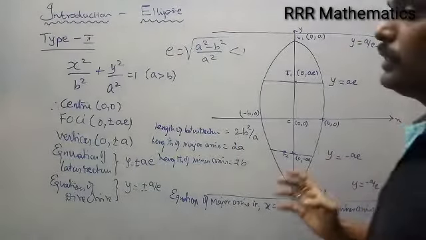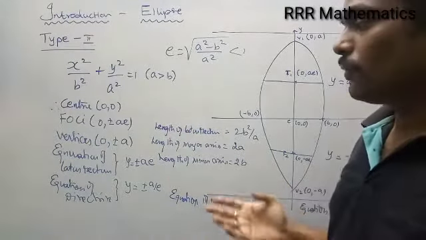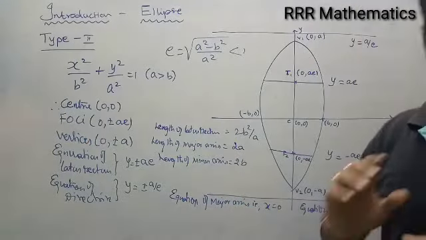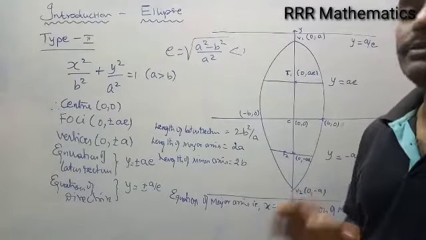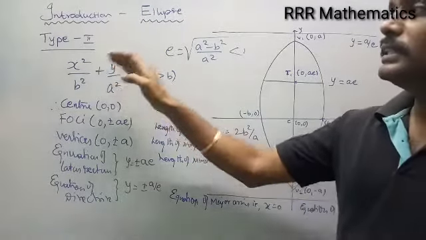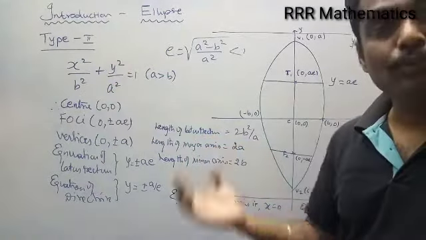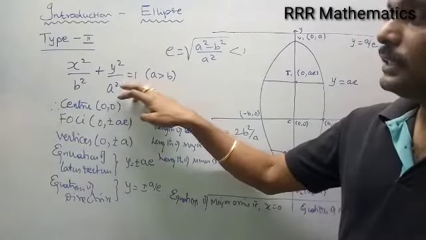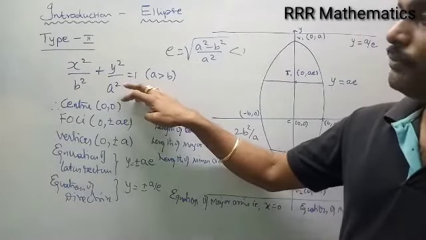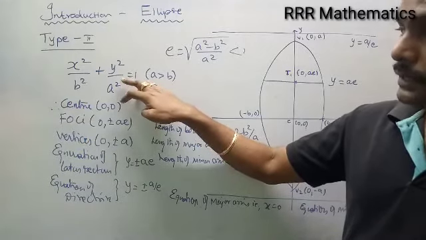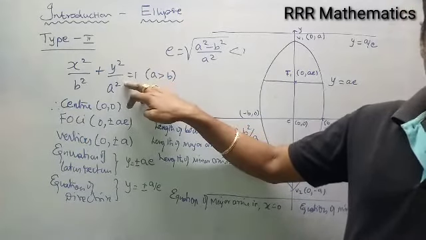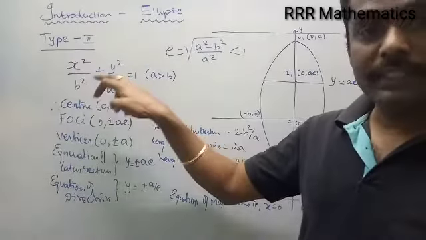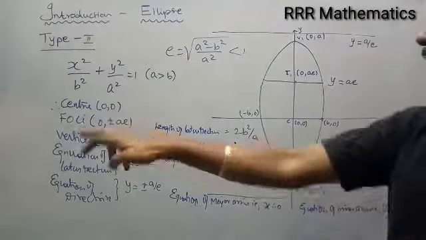So according to that, you can choose your center, foci, vertices, equation of latus rectum, directrix, etc. Is it clear? Very first, in case of ellipse, you want to bring into standard form. See the denominator value which has more. Okay, that is denoted by a square. See where it appears. Suppose if it appears in the denominator of y square, it will be like this. If it appears in the denominator of x square, it will be like this. Got it?